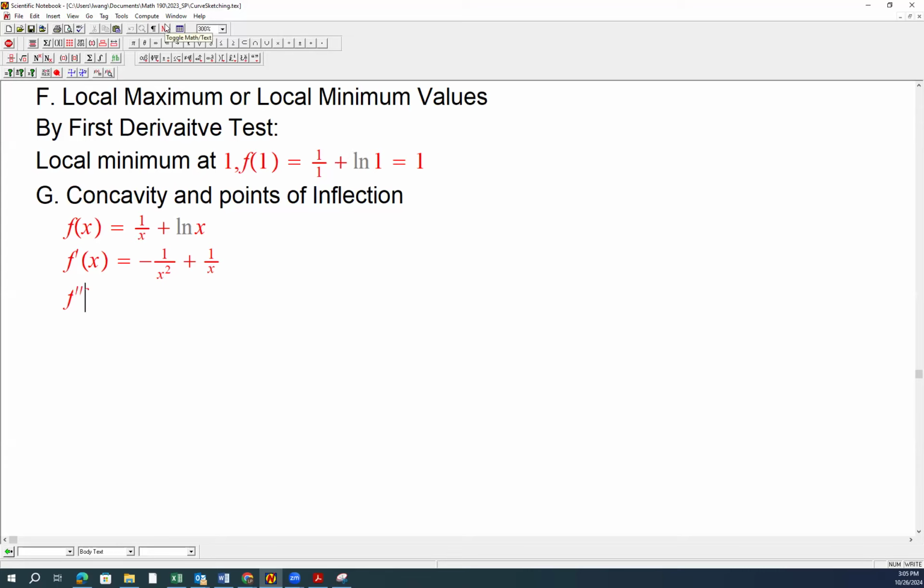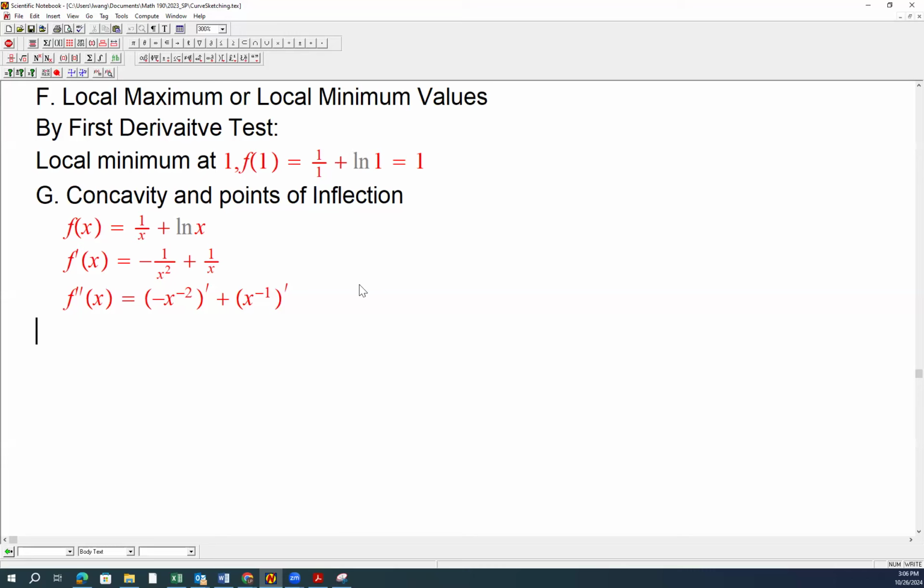The derivative of the first order derivative is going to be the second order derivative. So let's use the power rule. You can write it as negative x to the power of negative 2 plus x raised to the power of -1, if you like to go that way. So we're going to differentiate the whole of these.